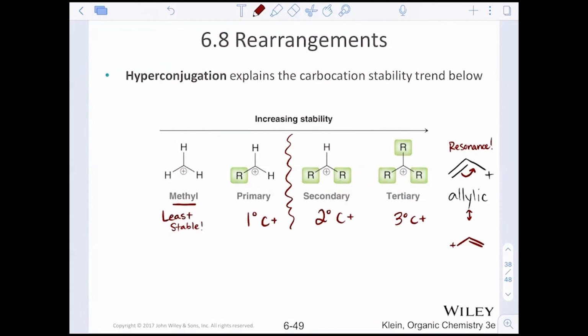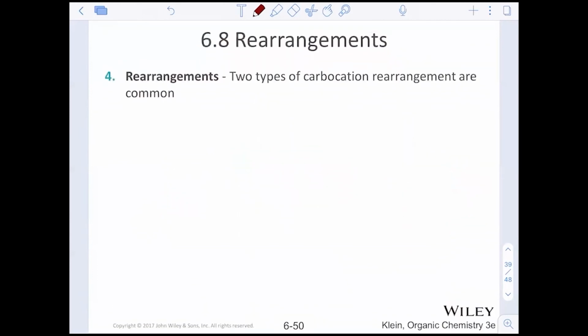So if you have resonance right next to that carbocation, these are even better than tertiary. The increasing substitution increases the stability of the carbocation, and that is just due to the increasing number of adjacent sigma bonds that can align with that empty p orbital and hyperconjugate.